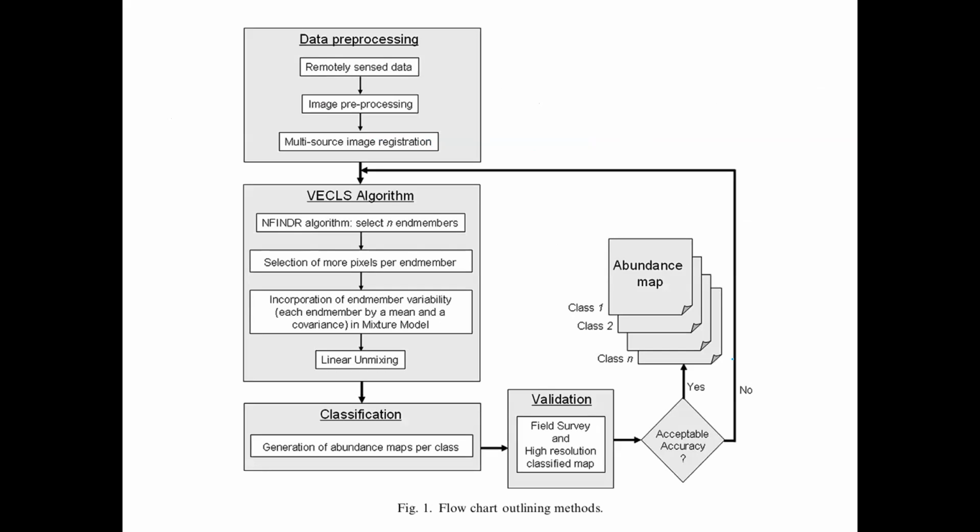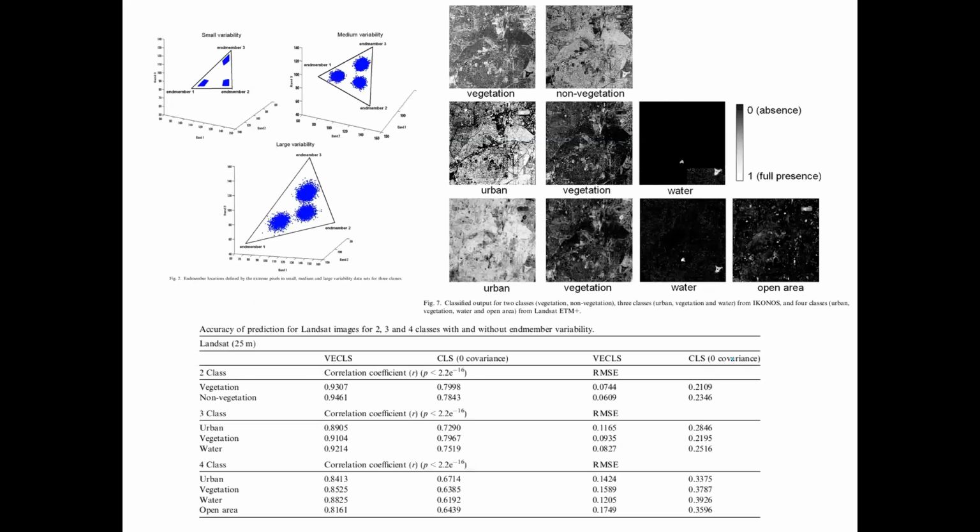Here is a flow chart. I'm going to skip this particular implementation. More details are given in the paper, which anyone can refer to at a later point in time. The idea is to see whether this improved method can perform better in case of small variability, medium variability, and large variability within the different classes.